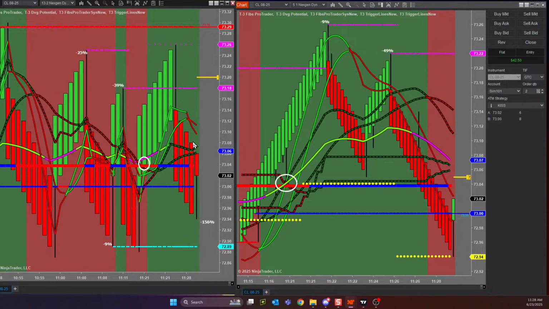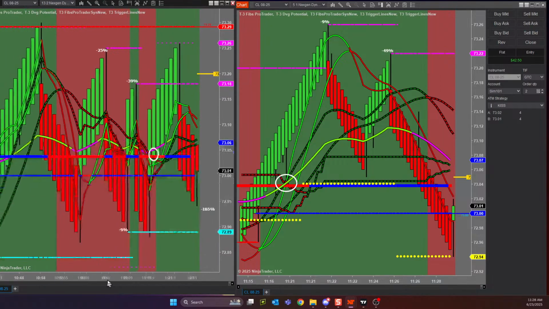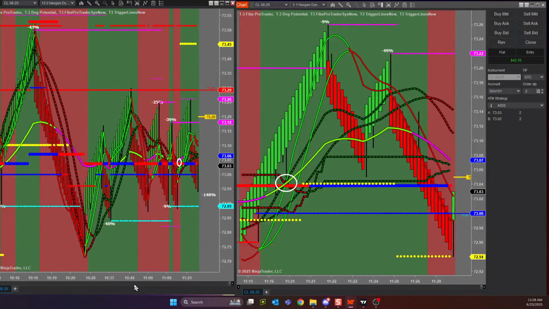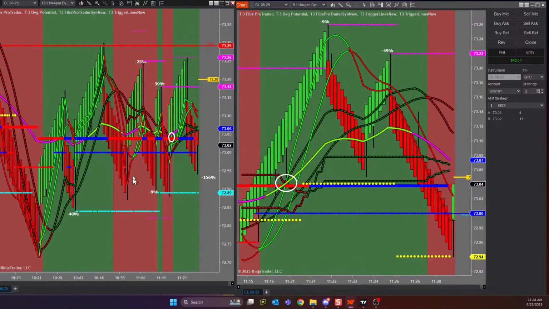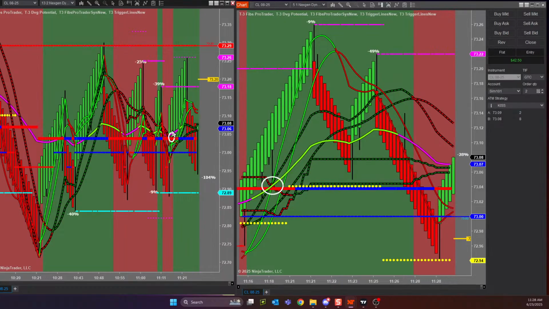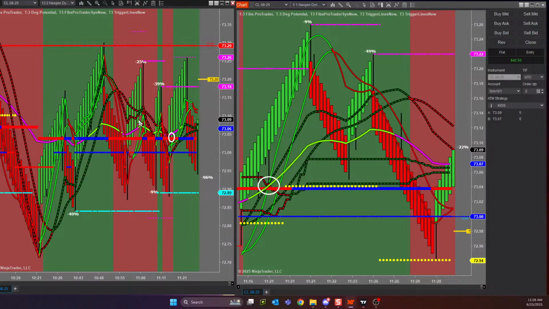Trend is up, right? But I don't have a long trade. Guys, crude oil is behaving like somebody got bombed in the Middle East. This fight right here is the fight you don't have to be a part of. That's one of the cool things about having rules.